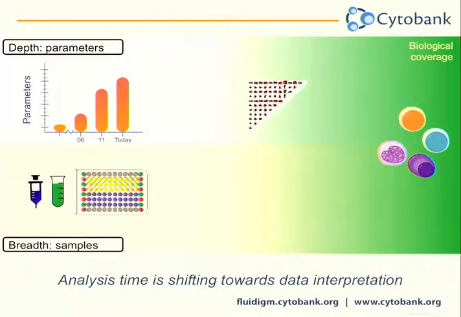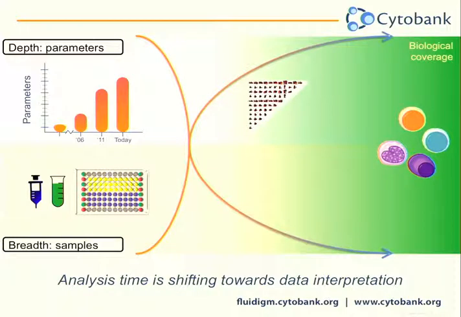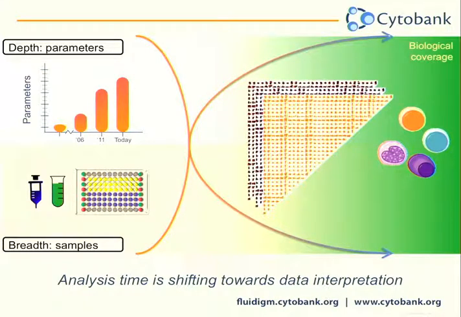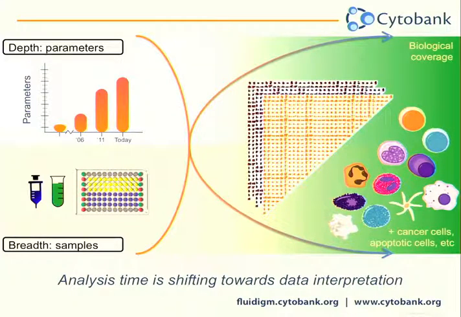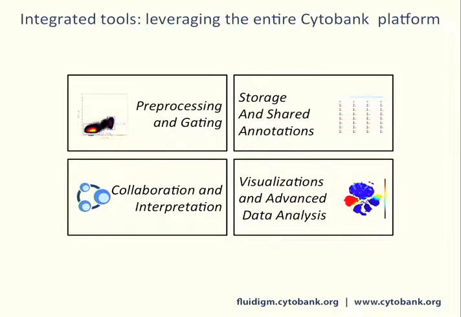And the combination of these two has resulted in an unprecedented amount of data, both from the depth perspective, but also the breadth, allowing you to cover a number of other types of cells, but extending towards cancer cells, solid tissue, apoptosis, cell cycle, et cetera, all in one sample run itself. And because of this, the shift in analysis is not necessarily waiting at the machine or running your samples, but more towards data interpretation and experimental design.